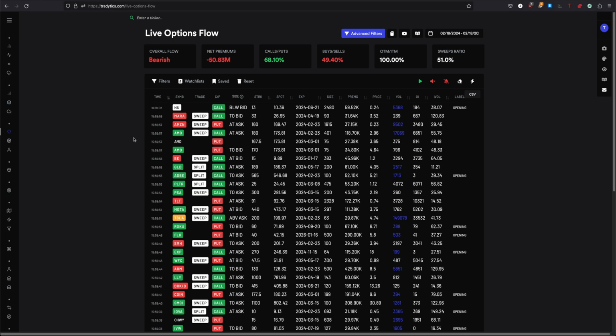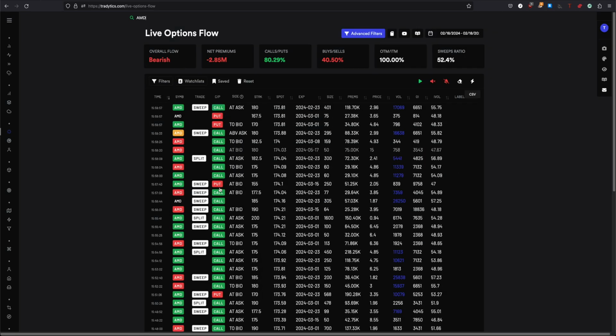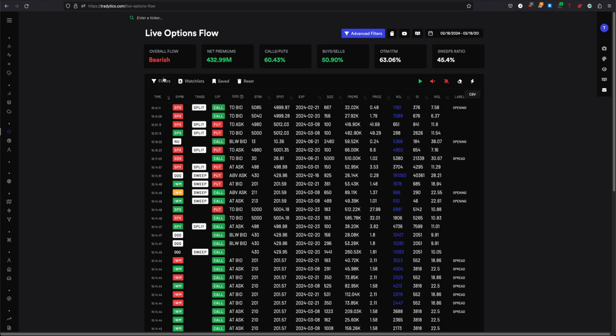It is a lot though, and you want to get your eyes used to it, and you can enter any ticker you want, and go search their individual flow and filter and everything like that. You can base it just on your watch lists. So, I really like using the watch list feature on this website, and I have 100 and some tickers in there.